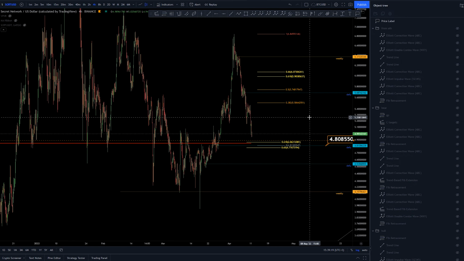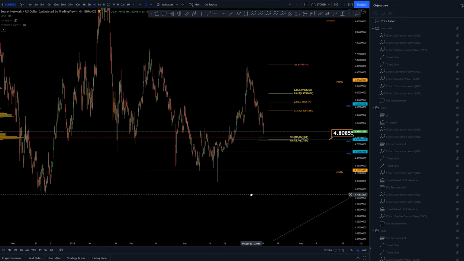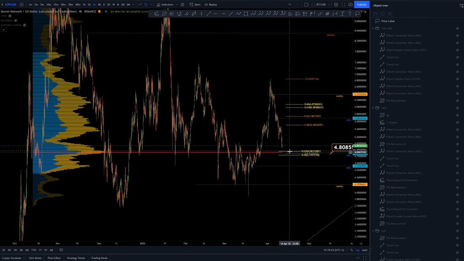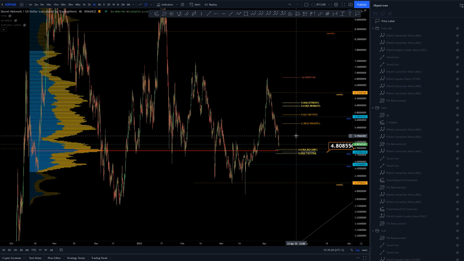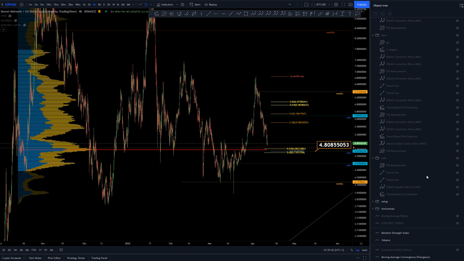So this is a possible setup for the future if the price decides to come back down here. There are some good key levels there and definitely something that I'm going to be looking into.